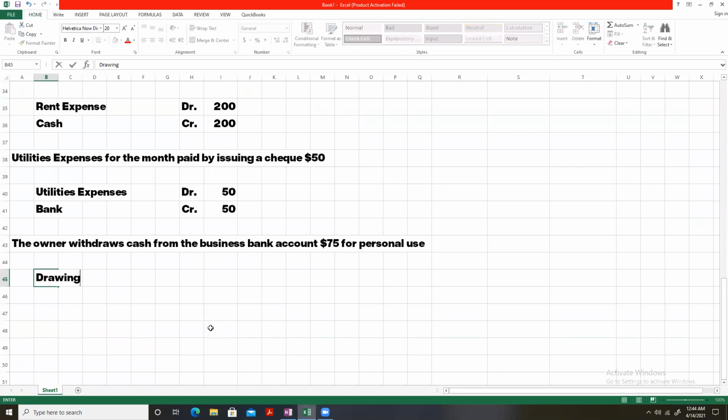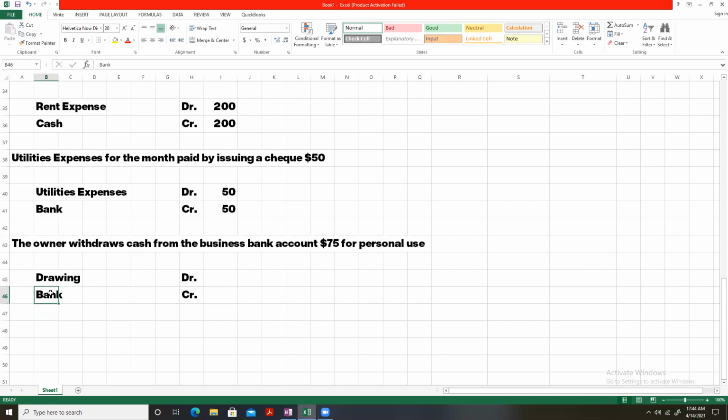So in this transaction, as the owner is making a drawing, the owner is taking out $75 from the business bank account for his or her personal use. So what is happening actually, the owner is taking out the bank balance, the amount that is present in the business bank account.